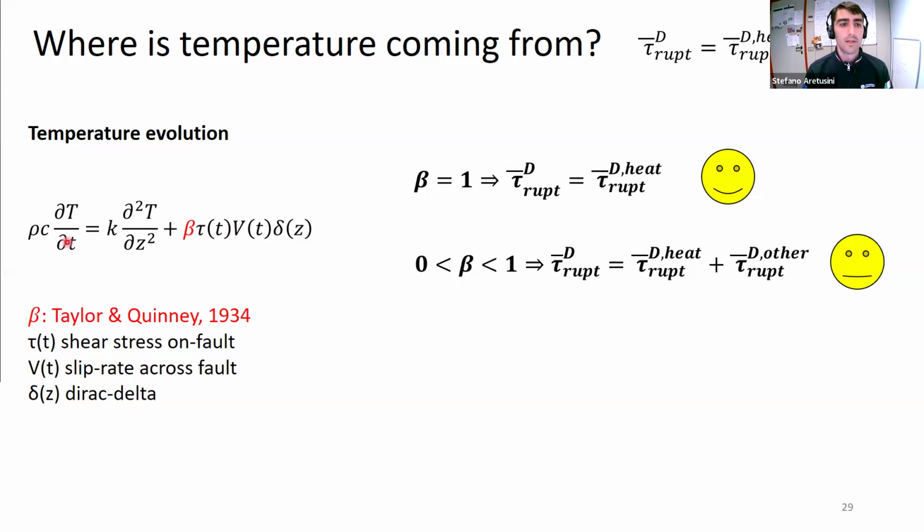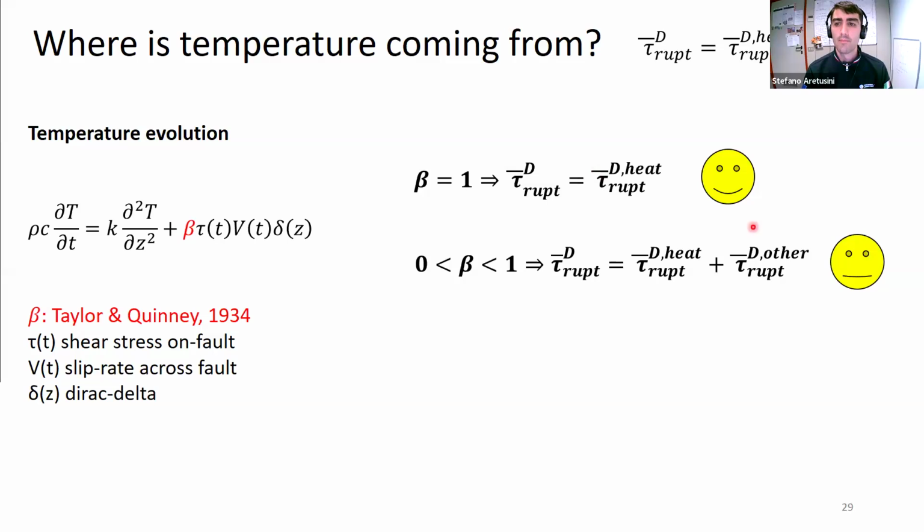So the evolution of temperature is equal to the diffusion term plus this heat source term, which includes the beta coefficient and the product between the shear stress on the fault, the slip rate, and the degree of localization across the fault.